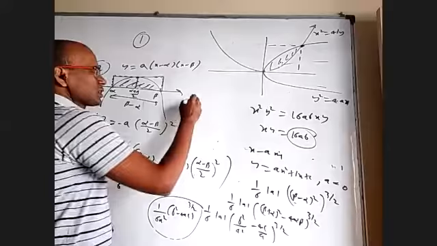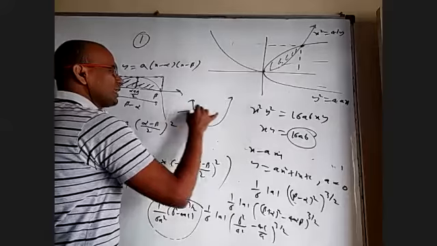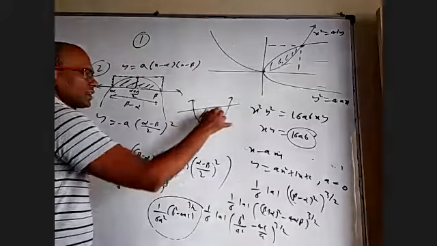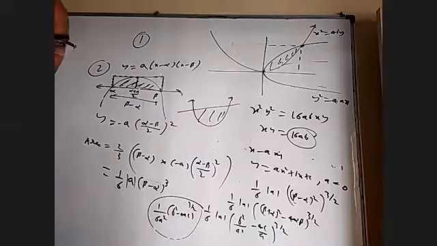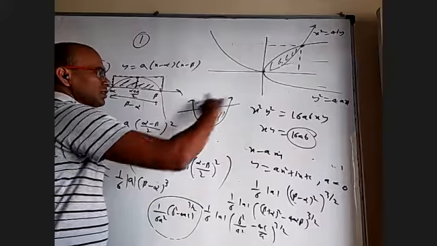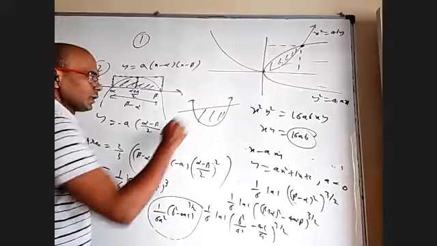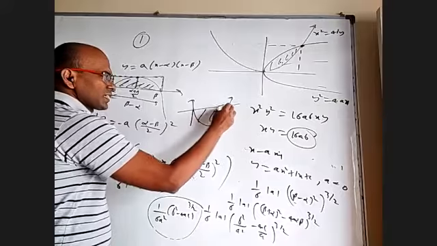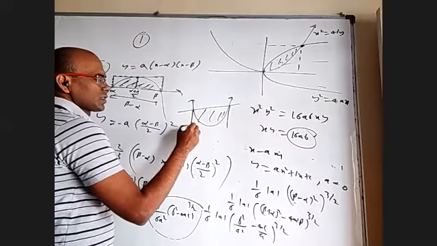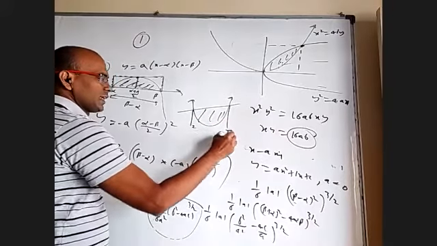You have a lot of questions where a parabola is there and a line is there like this, and you must find this area. Now we cannot use this 2/3 rule because this is slant and there is no rectangle, but you will find something. When you find this x coordinate, let us say this is 2 and this is 8.